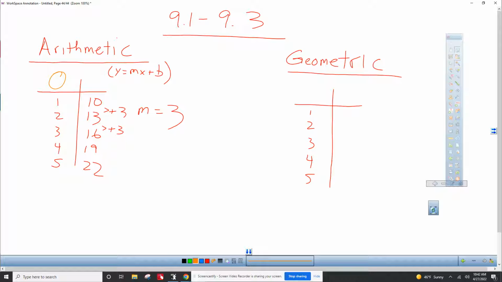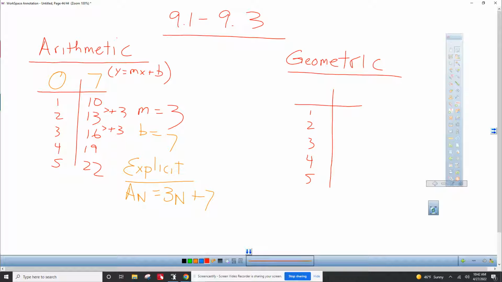We'll have to put in a 0 for x and then do a little math work. It's 7. So b is 7. So if this was a line, it'd be y equals 3x plus 7. Well, now the explicit formula is very close to that. To get any number, a sub n, I do 3 times that number and I add 7.